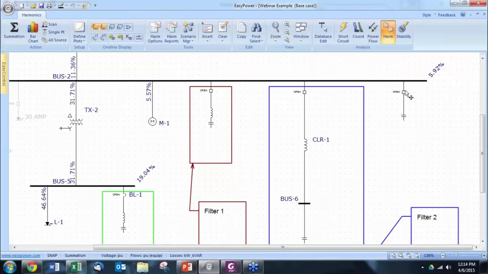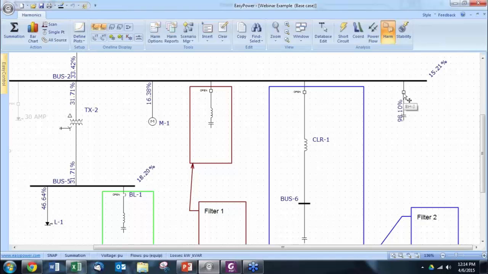So if we energize that capacitor, the voltage distortion, which is the THD, total harmonic distortion, goes way up, 3 times as high. And that's not good because all the equipment that is connected to that bus will receive a harmonic voltage, a voltage with a lot of distortion. So now we see that this problem cannot be solved by a capacitor bank.